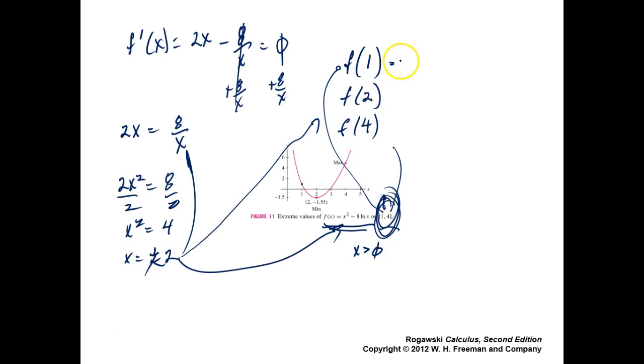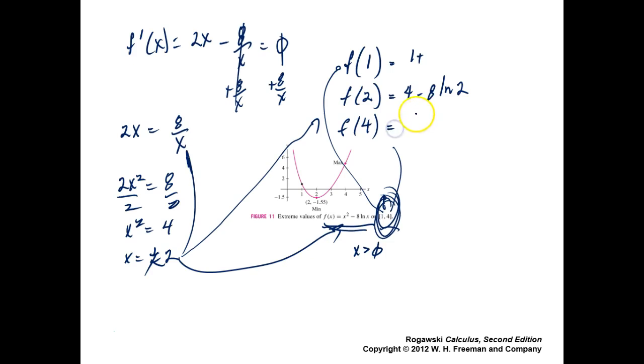f of 1 would be 1 minus, and what is the log of 1? 0. So that is just going to be 1. Okay? f of 2 would then be 4 minus 8 log 2. Okay?